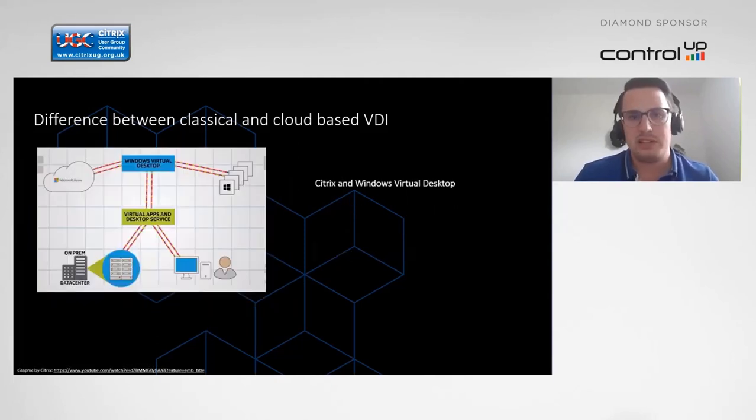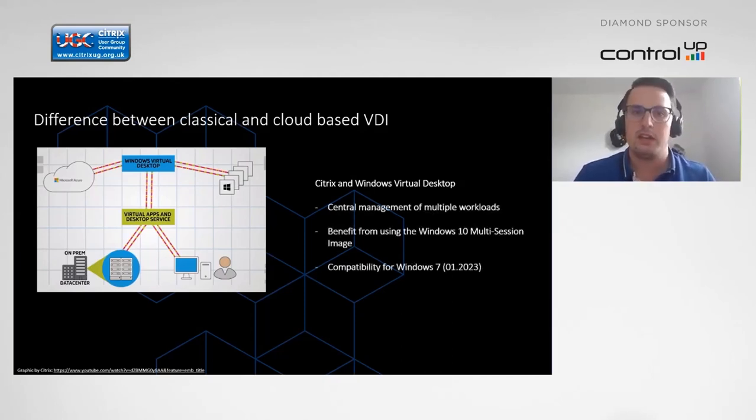But last but not least, before we jump into Windows Virtual Desktop, you can see here how you can benefit with Citrix and Windows Virtual Desktop. You see the centralized management capabilities of Azure, as well as given for Citrix Cloud in combination with Azure in this case.